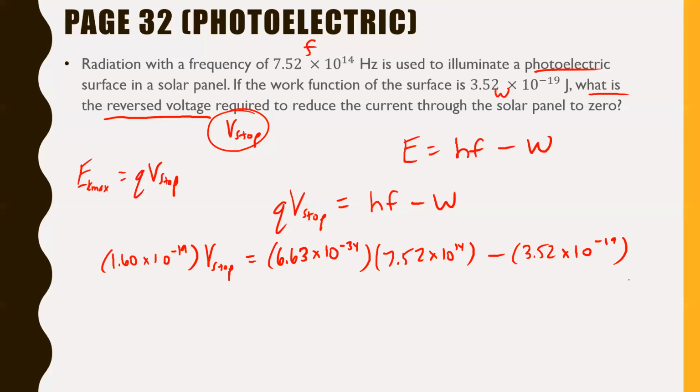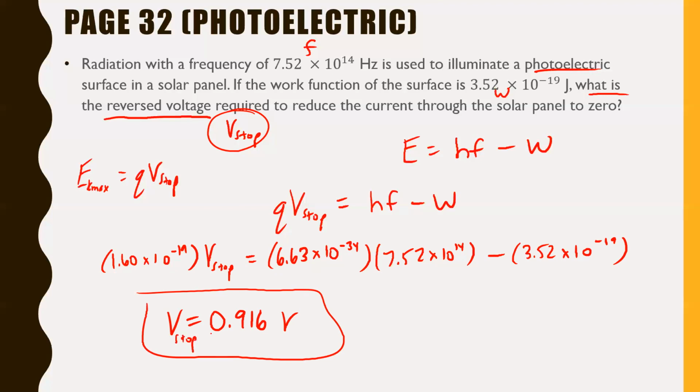I would calculate the right-hand side of this equation first, and then get that answer and divide it by this 1.60 times 10 to the negative 19. Bottom line is, though, V to 3 sig digs is going to equal 0.916 volts. I guess that should be V stop. V stop is 0.916 volts.